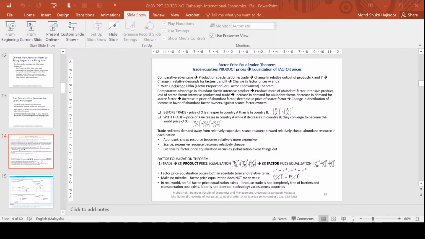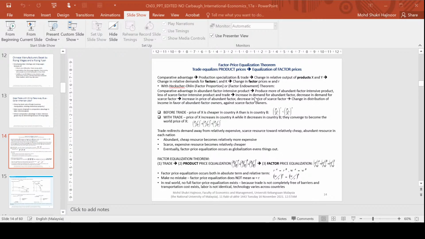They converge to become the world price. So Px per Py in A is no more like this, it becomes smaller. This country A specialized in X, country B specialized in Y. Because the price of X, we maintain X on the top.